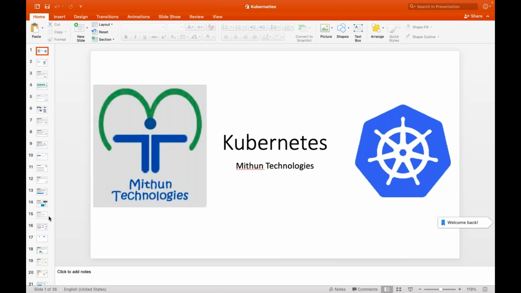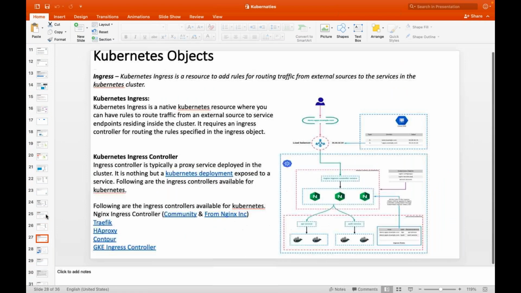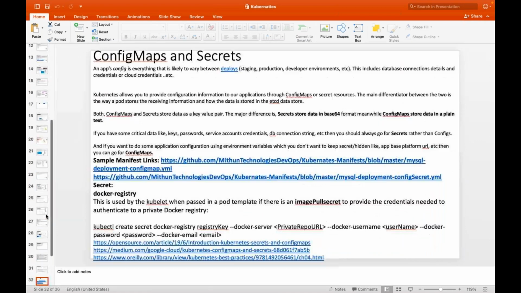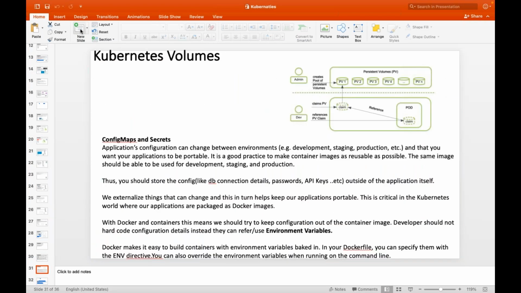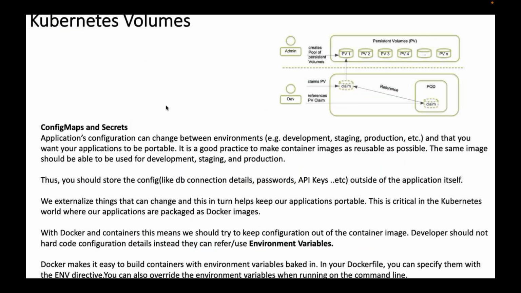Yes. So the application configurations will vary from one environment to another environment. Application configurations will change between environments: the dev environment has different configurations, staging has different configurations, production has different configurations. And you want your applications to be portable.